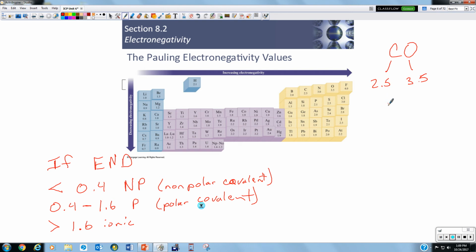But when we look at this, the electronegativity difference, the END, is equal to the absolute value of 2.5 minus 3.5. So the END is equal to 0.5. So based off of that, what is the most likely characteristic of this? It's going to be slightly polar. So this compound would be slightly polar.